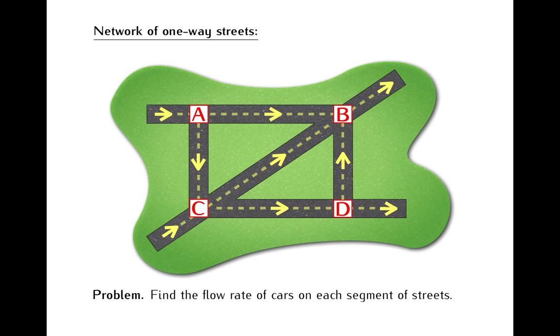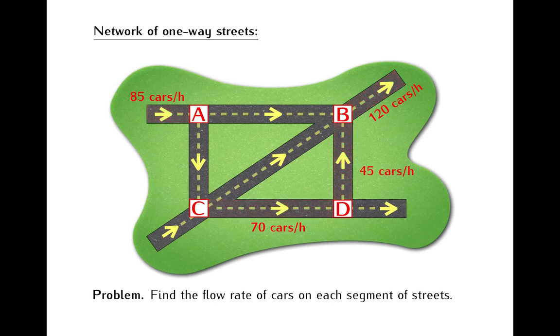On average, there are 85 cars per hour traveling on the street leading to the intersection A. There are 70 cars per hour on the street joining intersections C and D, 45 cars per hour on the street joining intersections D and B, and there are 120 cars per hour on the street exiting from the intersection B.